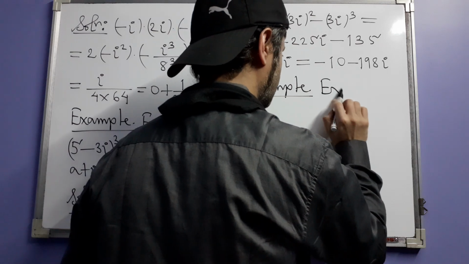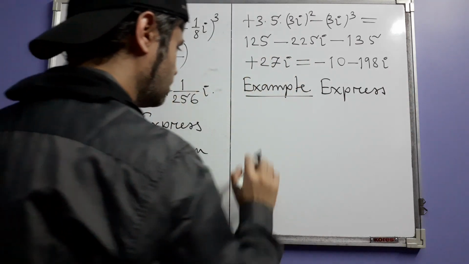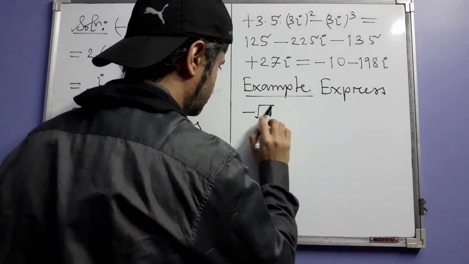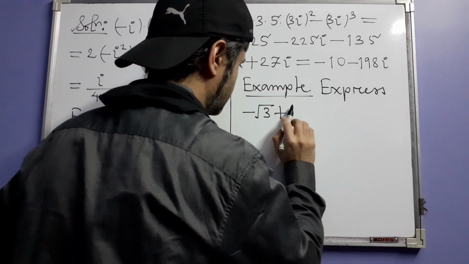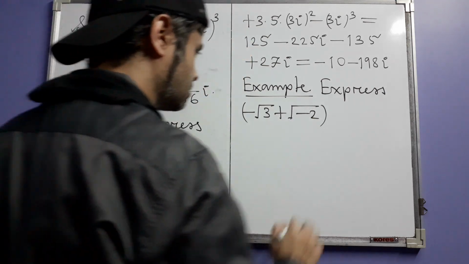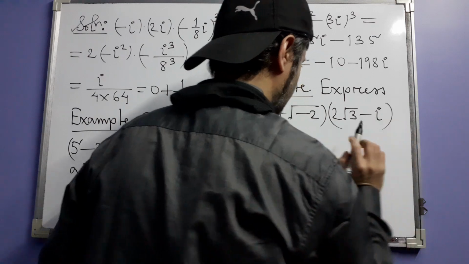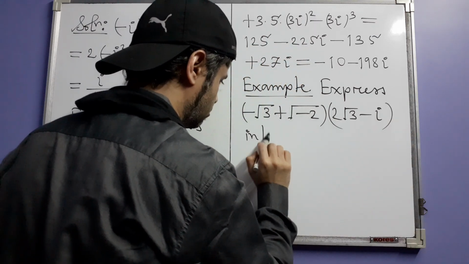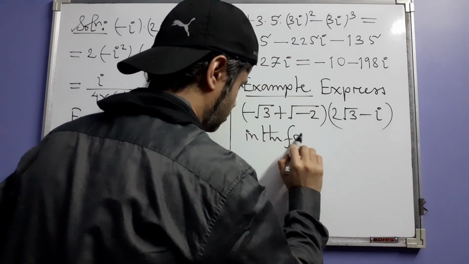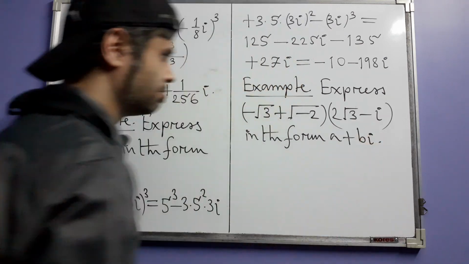Express minus root 3 plus square root of minus 2 times 2 root 3 minus i in the form a plus bi.